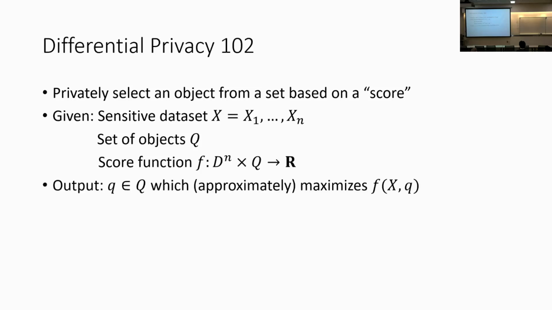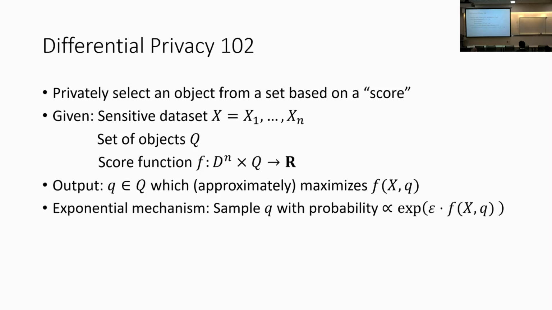And so the goal here is, given this score function and the sensitive data set, we want to output an object which approximately maximizes the score, kind of one of the best, highest scoring objects. It turns out the exponential mechanism is a random sampling method, where you sample one of these objects randomly.